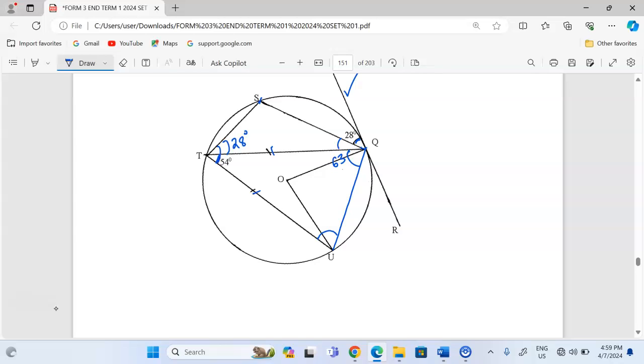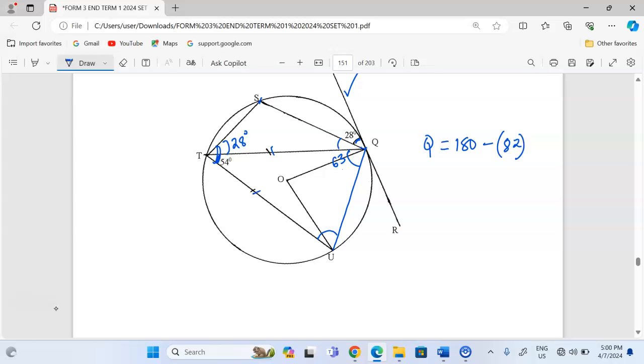The angle at T, which is a total of 82 because we have 54 and 28, is opposite to the angle at Q. Because opposite angles in a cyclic quadrilateral add up to 180, to get the angle at Q we take 180 and subtract the angle at T, which is 82.